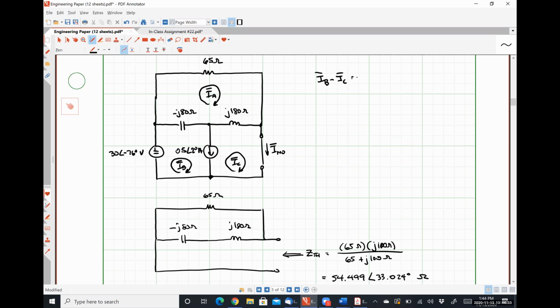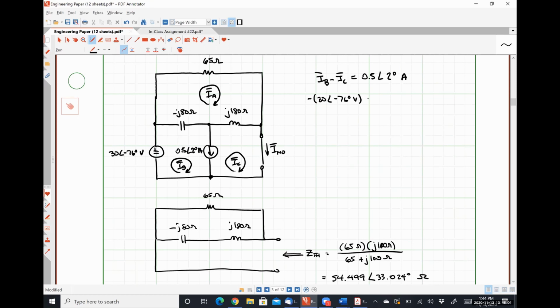Equal to what? Yes. Alrighty, now let's do the super mesh around that current source. Negative, because we see the negative polarity terminal first, but yes.